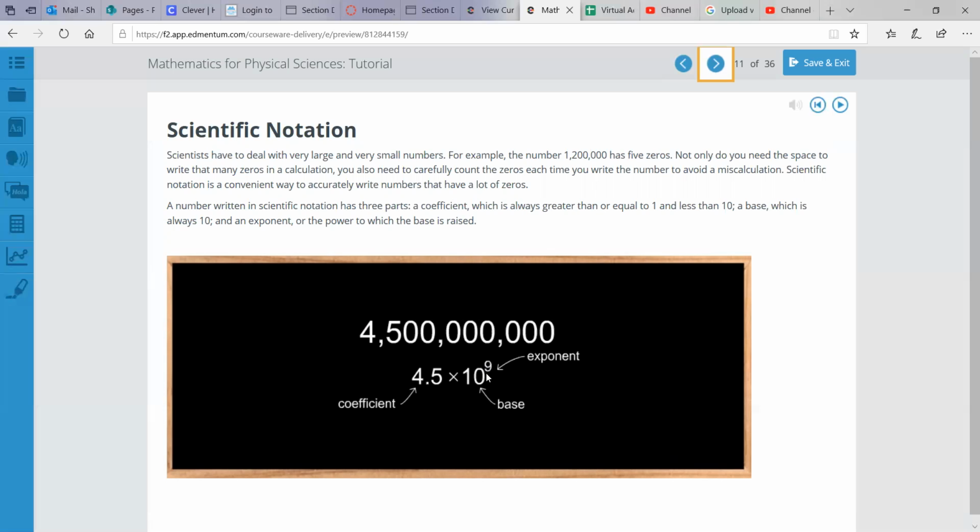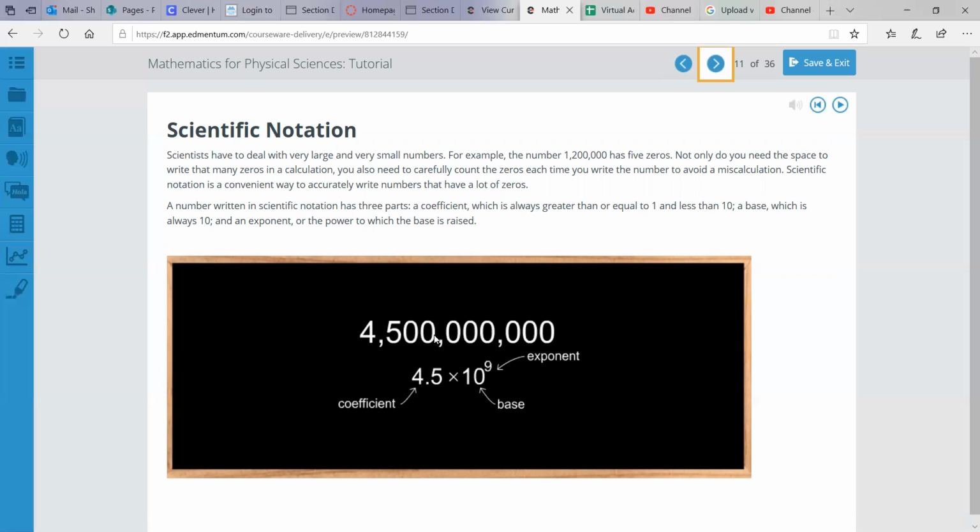And this number tells you how many times you move to the right, okay? 4.5, move 1, 2, 3, 4, 5, 6, 7, 8, 9. Okay? So that's how many zeros you fill in afterwards.